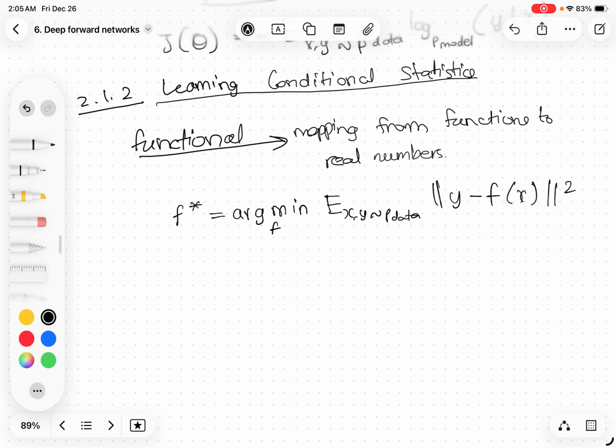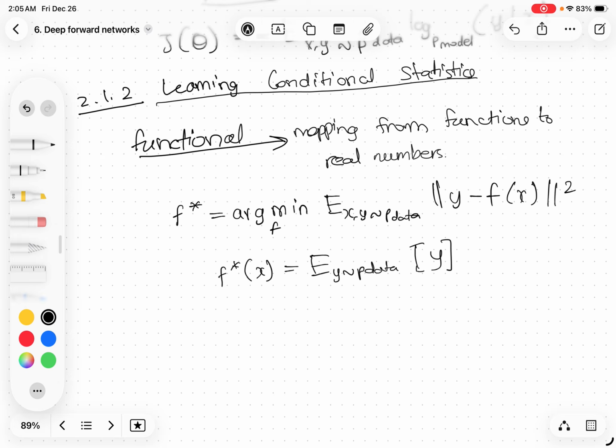We're just using conditional statistics. The first result derived using calculus of variations is that solving this optimization problem will give you f star of x equals the expectation of y under p theta of y, so long as this function lies within the class we optimize over.